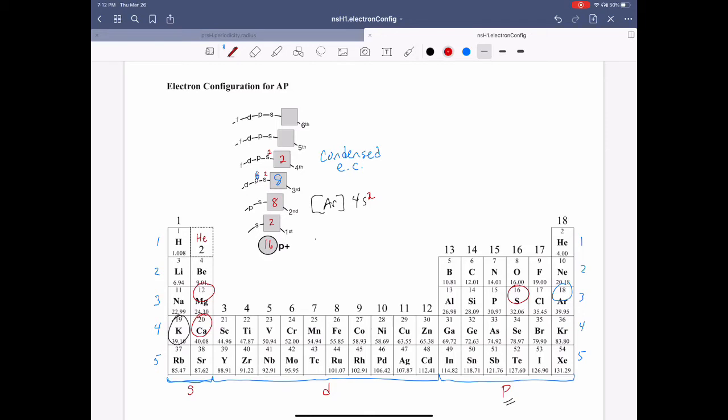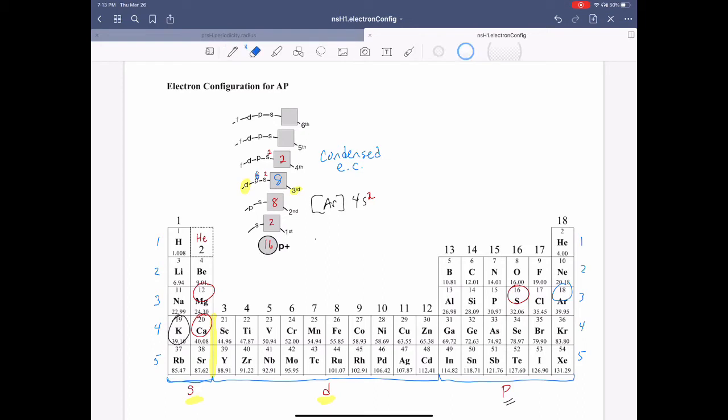Now, this is where we really need to be careful, because here, at the division between the S and the D block, we have to notice that there is a D set of orbitals in the 3rd energy level, which we didn't use yet. And so what's going on with that?